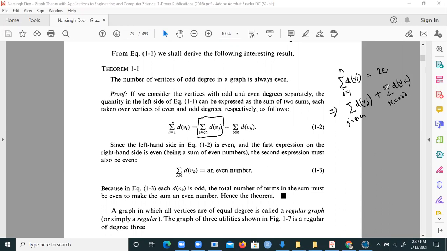So this part is the summation of d(vk), where k is odd, and that together is twice e. But you know that this number is an even number, and this number is also an even number, because the sum of even numbers is always an even number. So you can express the sum of d(vk) over odd k as the difference of two even numbers.